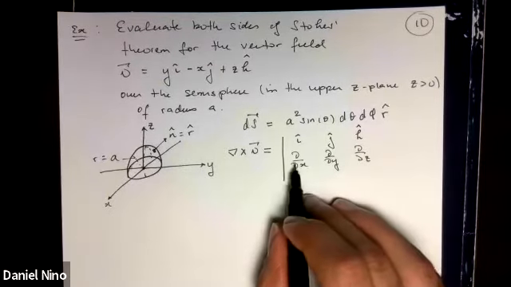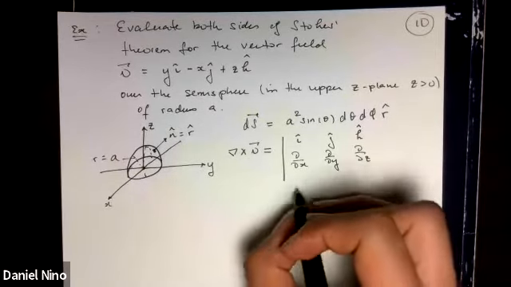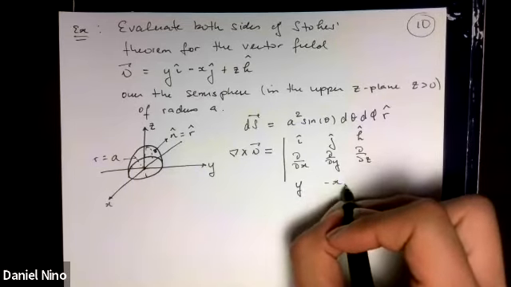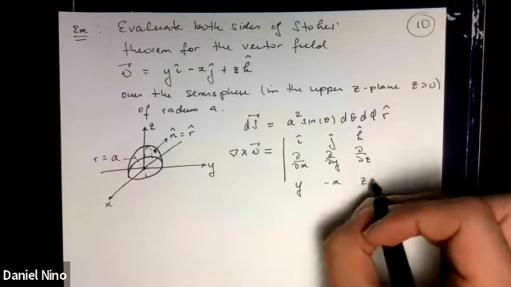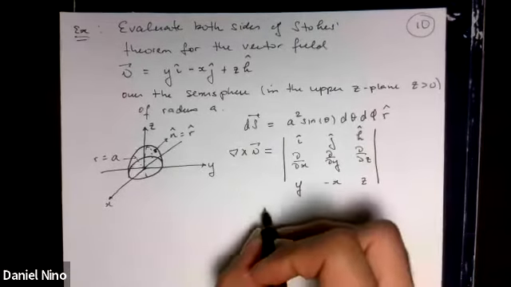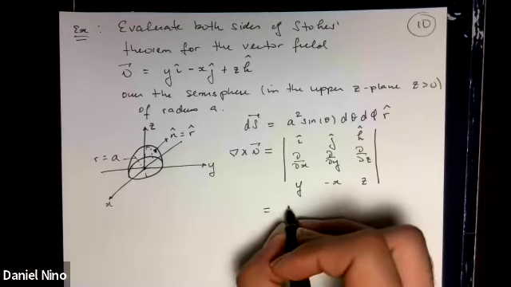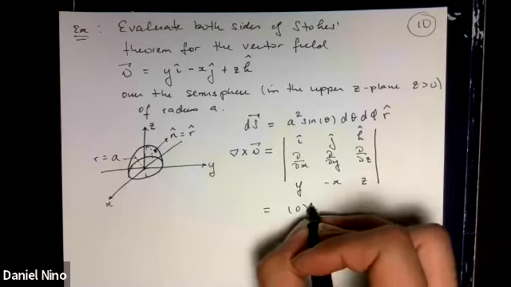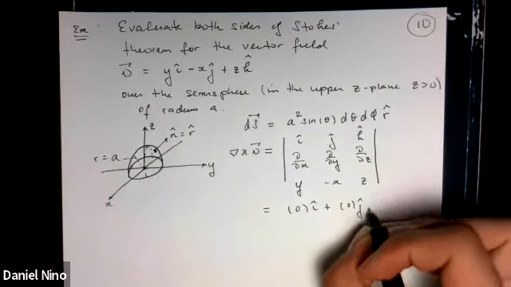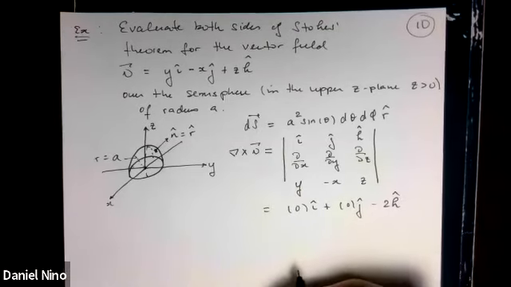So you have the components of the gradient and the components of your vector field. And you should try to do it yourself. What you'll get is 0 in the i hat direction, 0 in the j hat direction, and a -2 in the k hat direction.